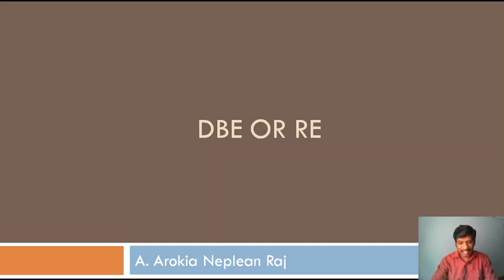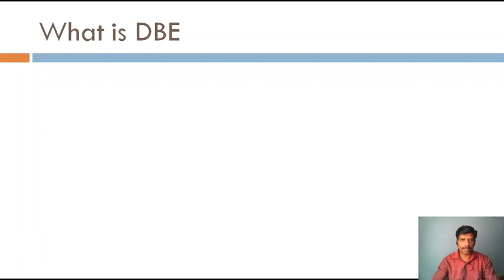Next, in continuation of the previous lecture where we talked about the calculation of double bond equivalent or ring equivalent, let us see how it is done. What is called a double bond equivalent?